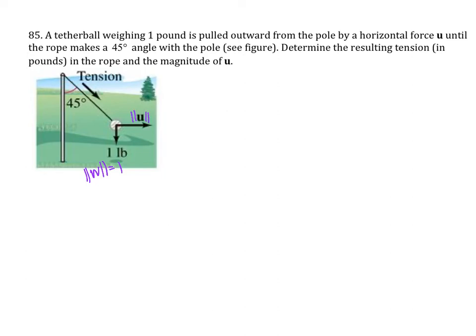So we can write U as the magnitude of U times the vector 1, 0, going this way. The y is 0 in this case.